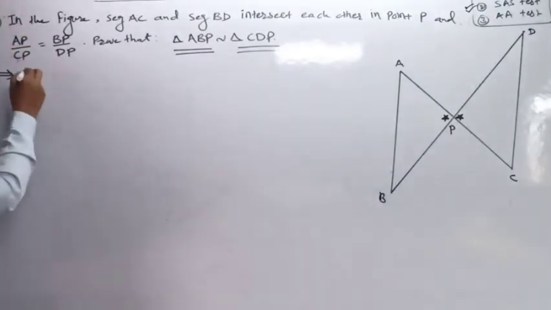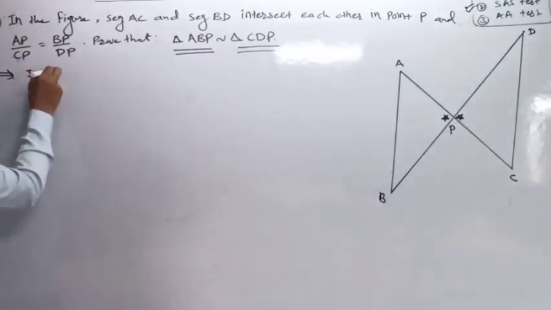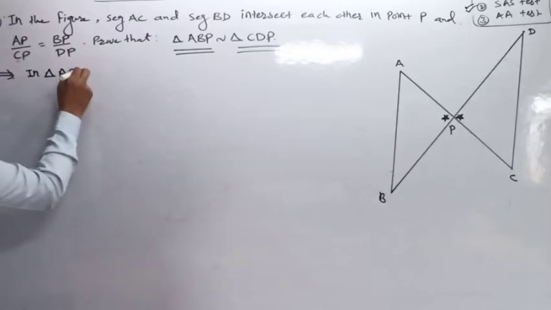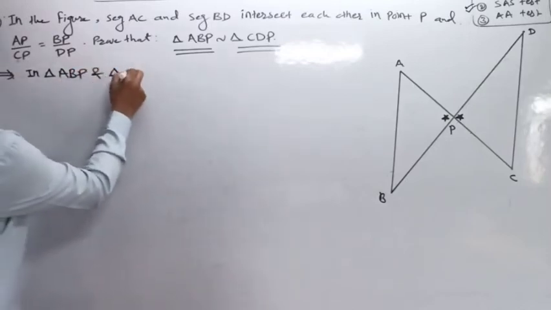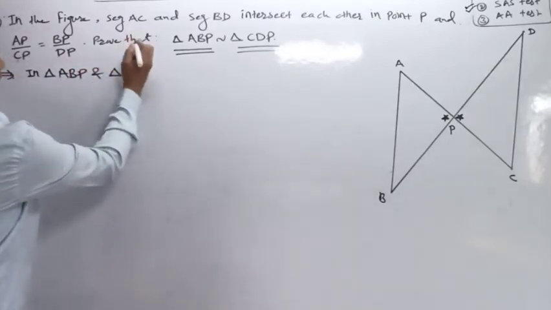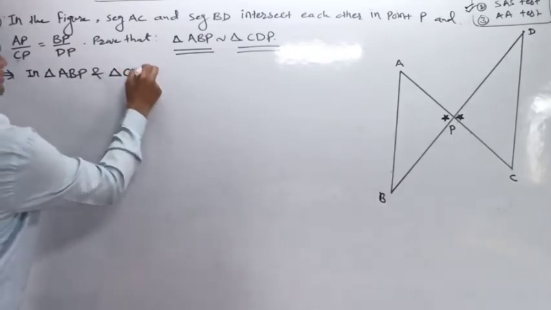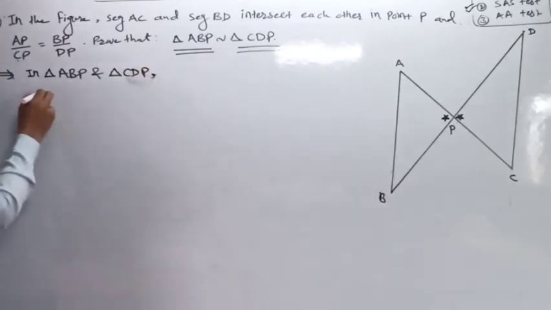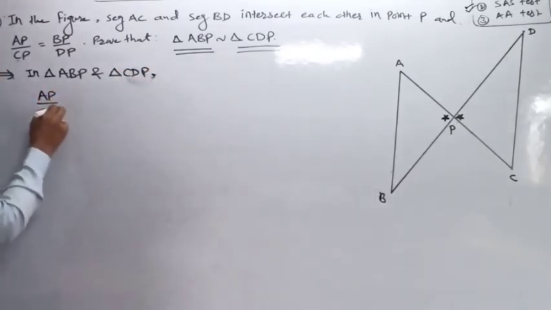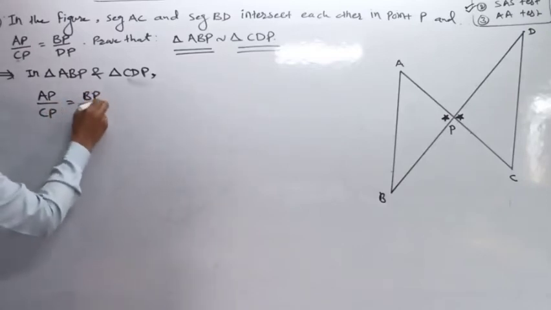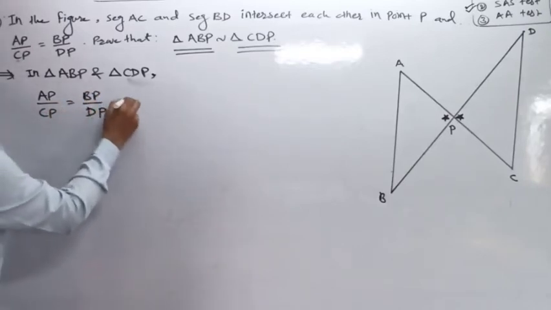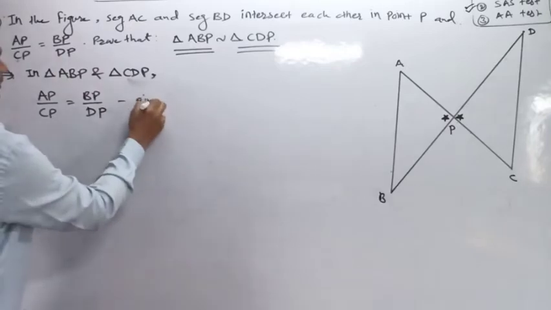I am going to write here: in triangle ABP and triangle CDP, AP divided by CP equal to BP divided by DP, here given.